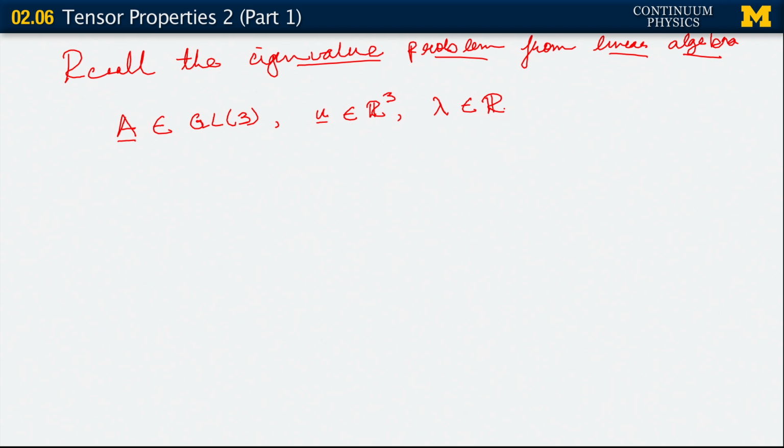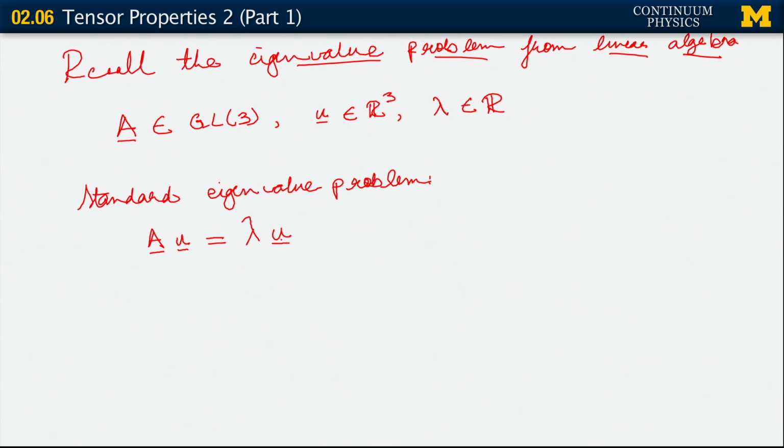Now, as you recall, the standard eigenvalue problem from linear algebra is the following: A of u equals lambda times u. The way we pose this is the following.